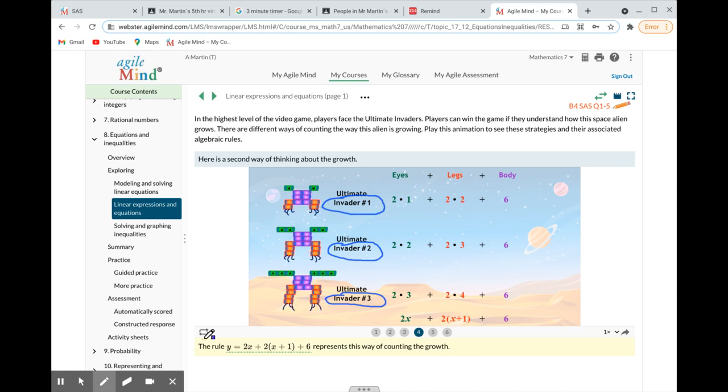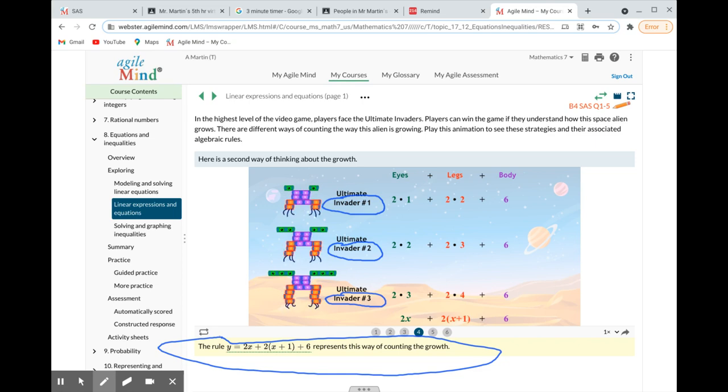So looking at our rule, Braden, what is our rule? Let's help him out. What's the rule, class? The rule y equals 2 times 2.